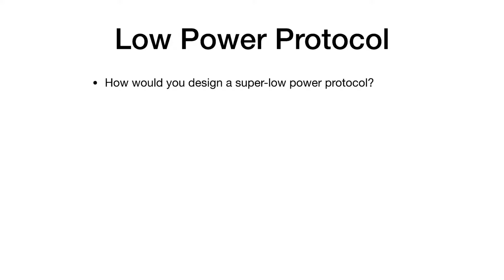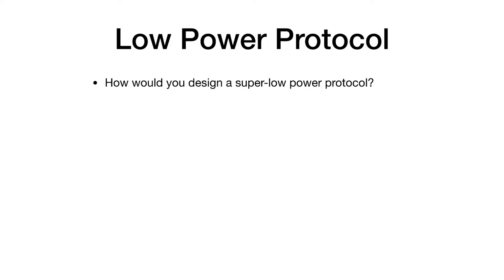Well, if you lower the transmit power of another wireless protocol, it would reduce its range, but it would also reduce its power. A protocol that would have a lot of sleeping would be a good one, meaning you could put the device to sleep. You don't have to have the radio always on for it to work properly. A device could aggressively go into sleep and then wake back up and still work. So that would be important.